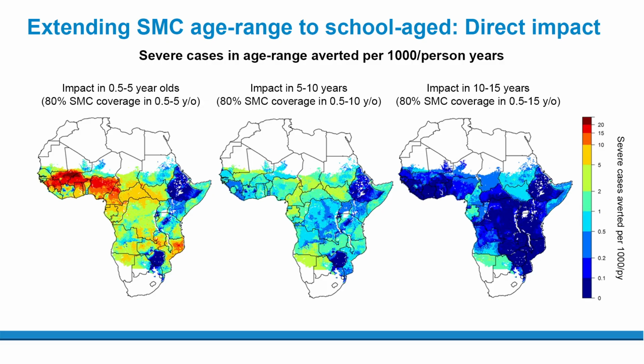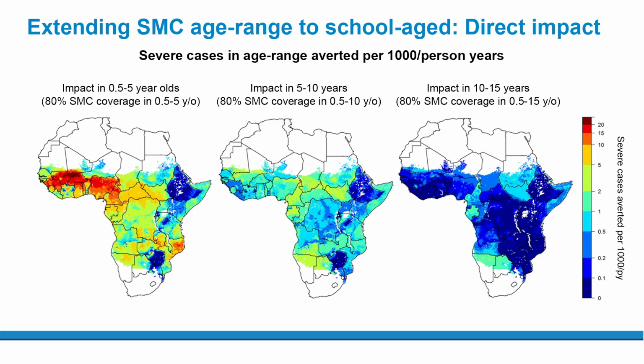As you then move that age group, looking at up to 10 as they were doing in Mali, you would see it still has a substantial impact on burden, but here it's not so much linked to transmission intensity. This impact is driven more by seasonality.